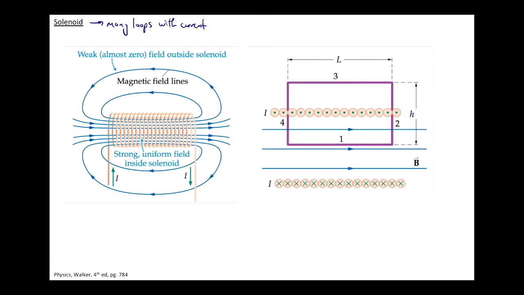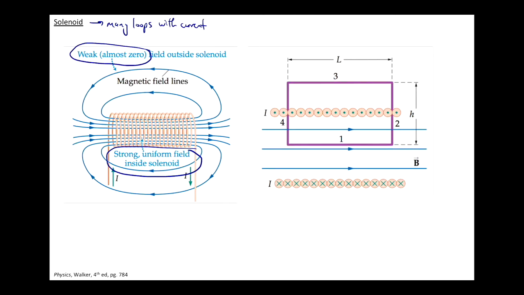And every one of those loops is creating its own magnetic field because the same current is passing through it. Okay? So if you densely pack these loops, and typically they're not going to be so loosely wound like you see there, they'll actually be smashed up against each other, you get a very strong magnetic field passing down the center of the solenoid and a very weak magnetic field, because of cancellation effects, on the outside of the solenoid.